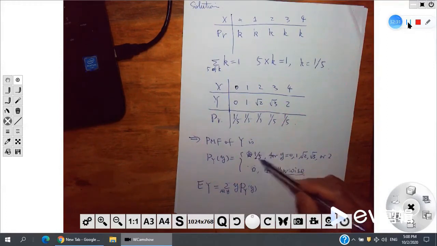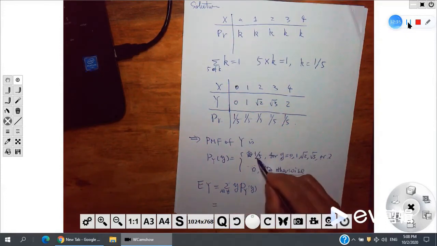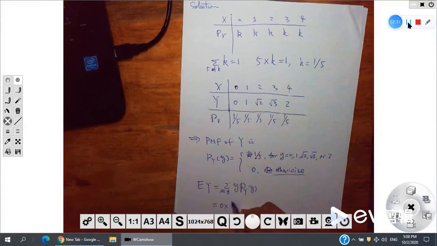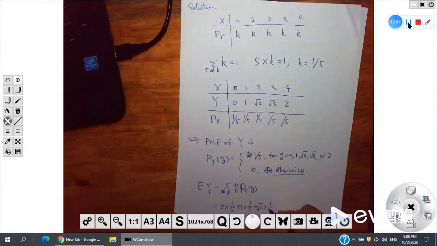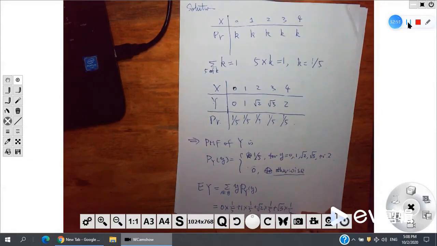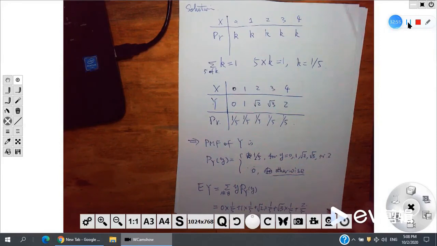So we only need these values. So it is 0 times 1/5, right? Value times the probability, and 1 times 1/5, and square root of 2 times 1/5, and square root of 3 times 1/5, and 2 times 1/5.